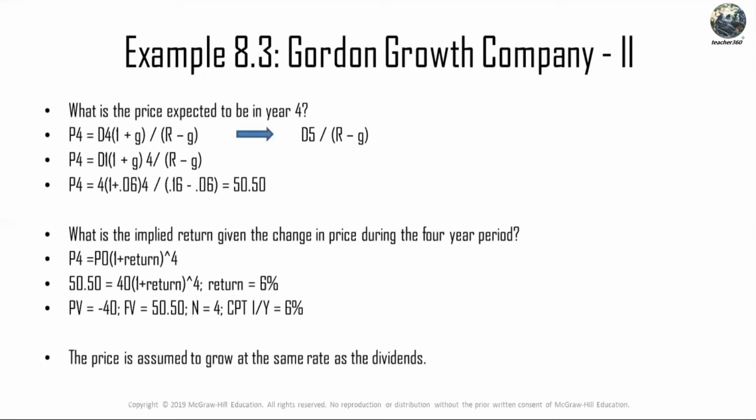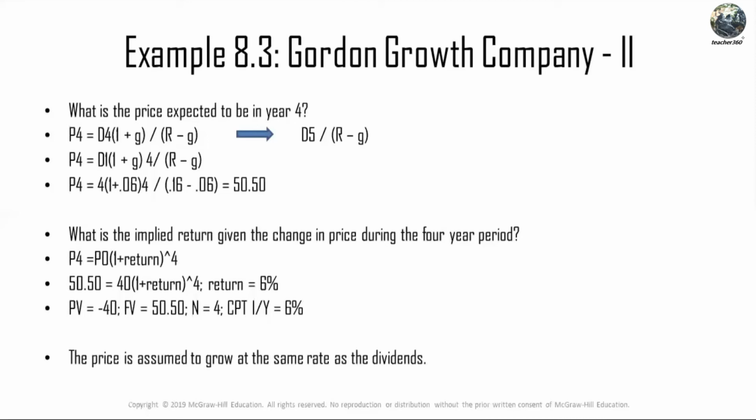Now, what is the implied return given the change in price during the 4-year period? Similarly, to find the implied return, you take your year 1 price and your year 4 price, and the price difference is denoted as a percentage.